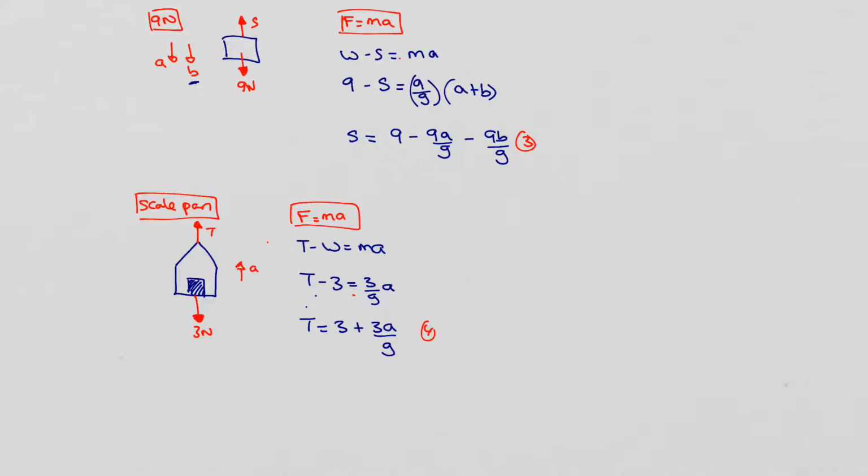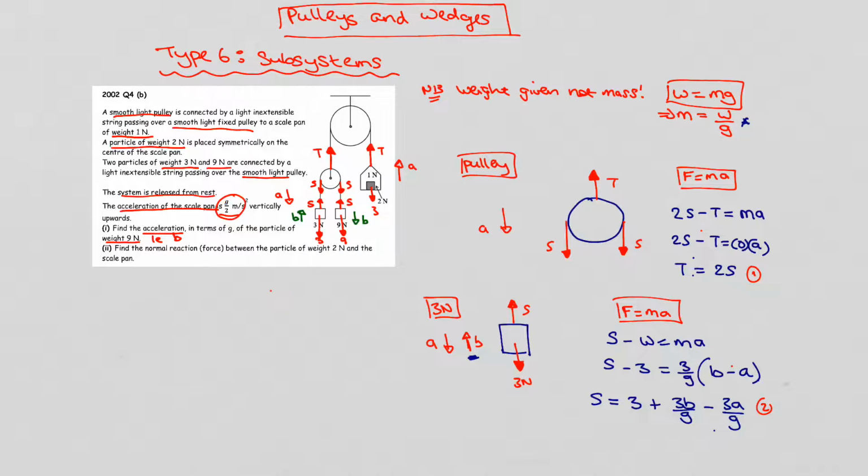So I'm going to equate 2 and 3. And if I equate 2 and 3, equation 2 is 3 plus 3b over g.